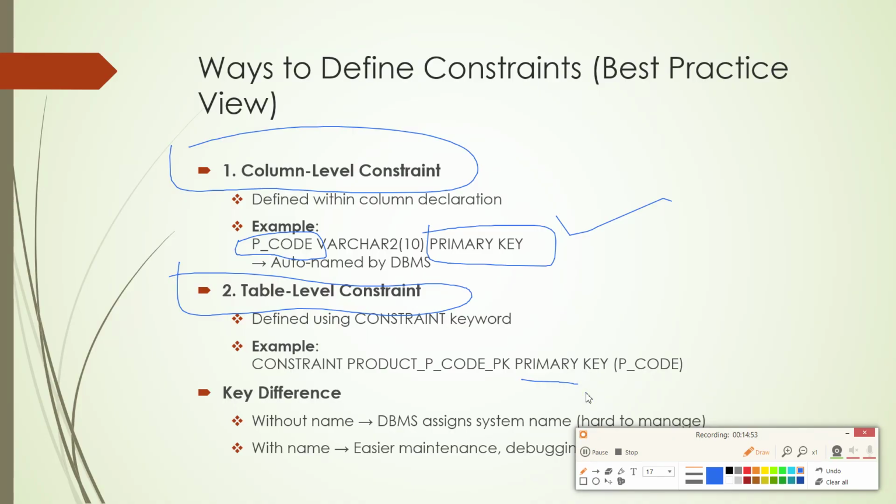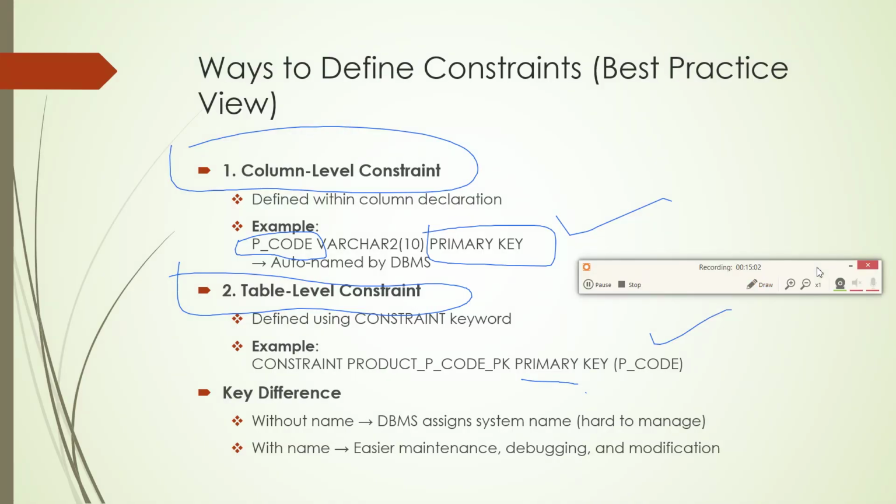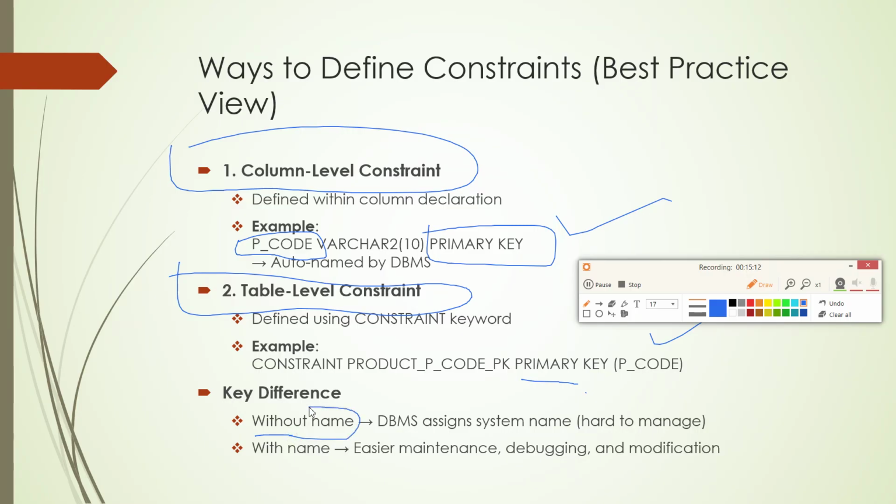And the table level constraints that we are defining sometimes need to have their own name. So two ways are available: with or without a name. Here in this case, this primary key has its own name, product_p_pk. This is the name of this primary key constraint, and constraint is the keyword.